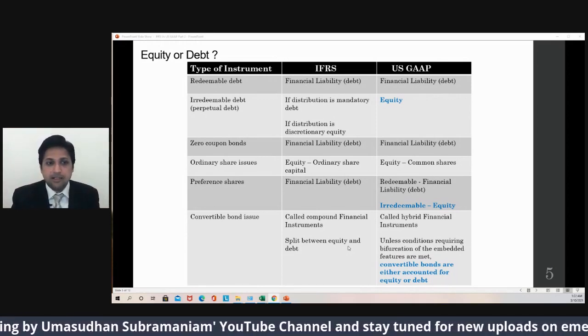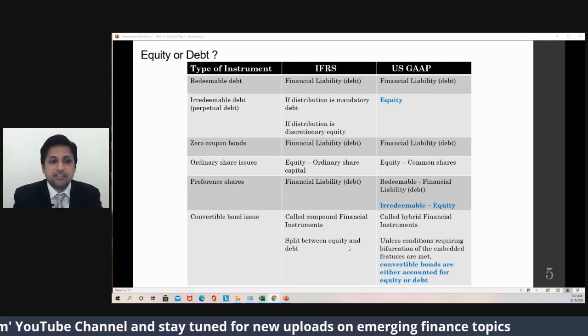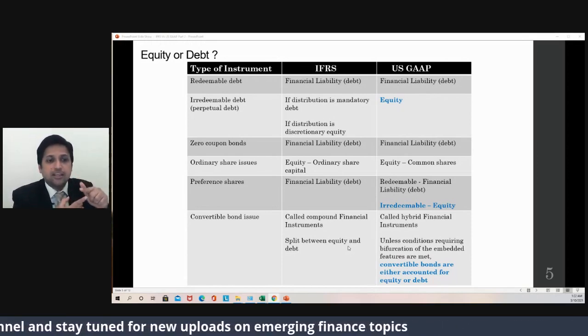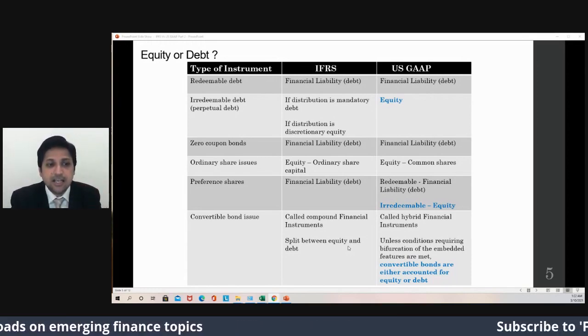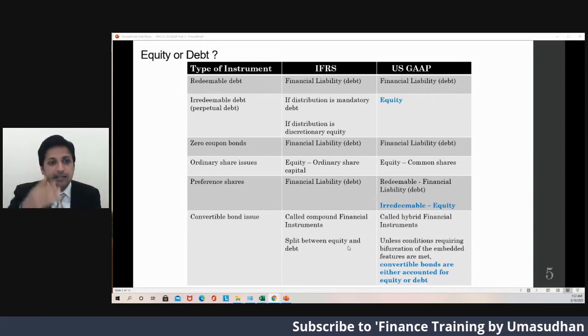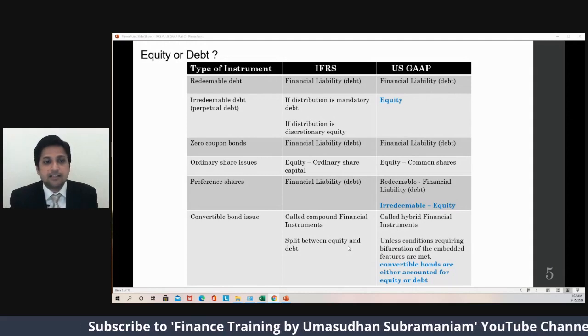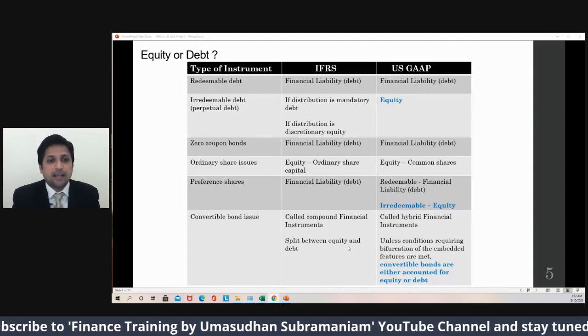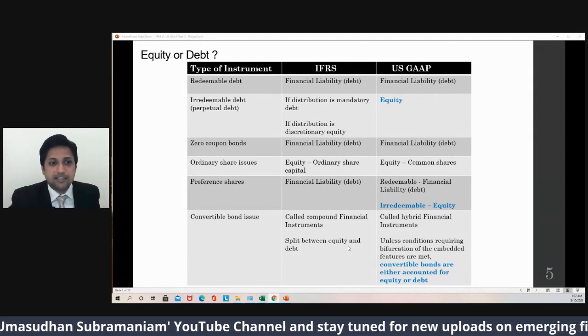And remember, we can only split the hybrid instruments into debt and equity instruments in US GAAP when certain conditions are met. So in this particular slide, we looked at a list of financial instruments and discussed whether they qualify as equity instruments or financial liabilities.